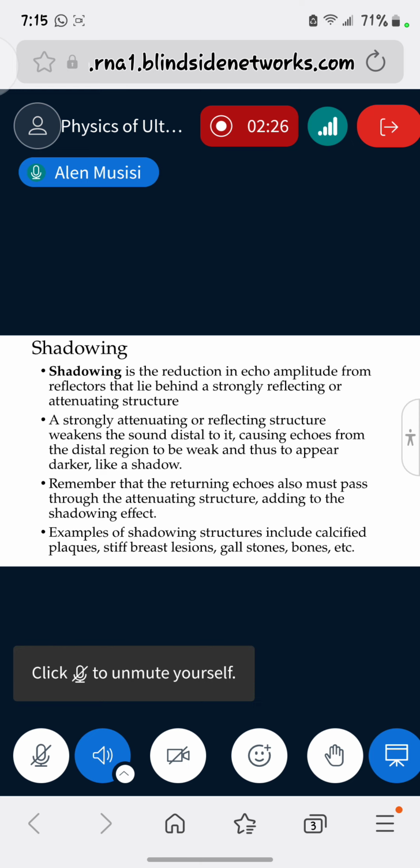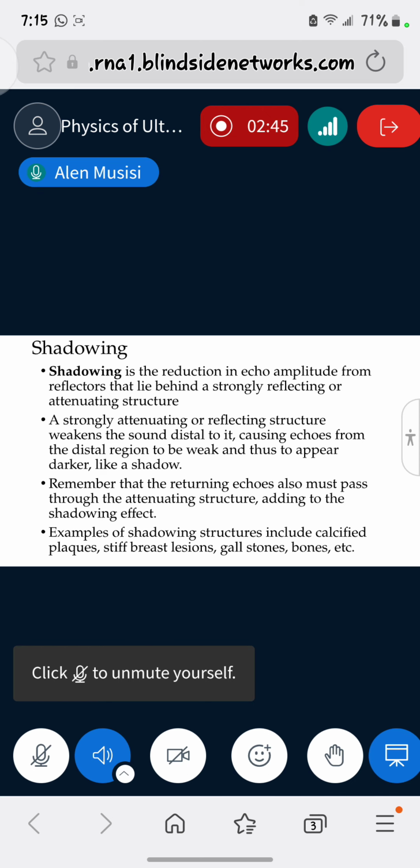So shadowing is the reduction in the echo amplitude from reflectors that lie behind a strongly reflecting or attenuating structure.